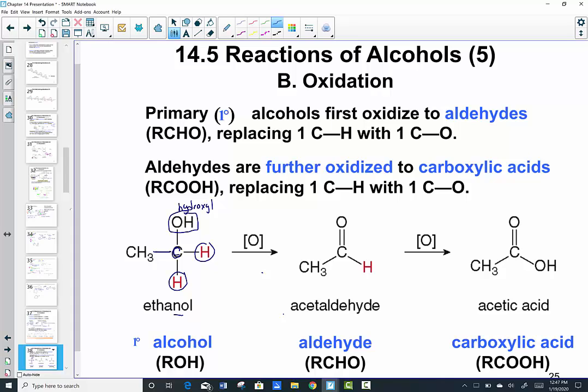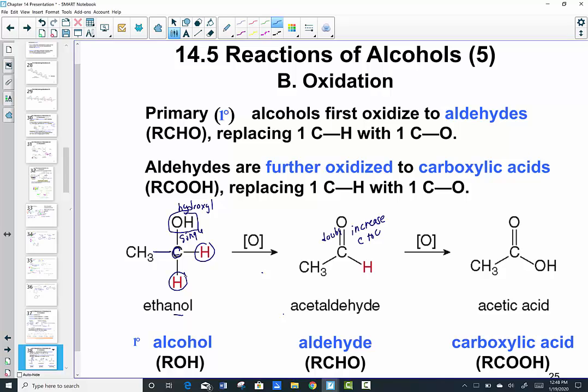can be oxidized. If we break one bond from the C to the H, and increase the number of bonds to carbon, increase the carbon to oxygen, because we went from a single to a double, that's increasing the CO bonds.